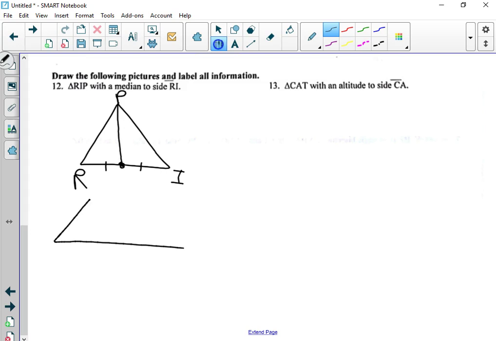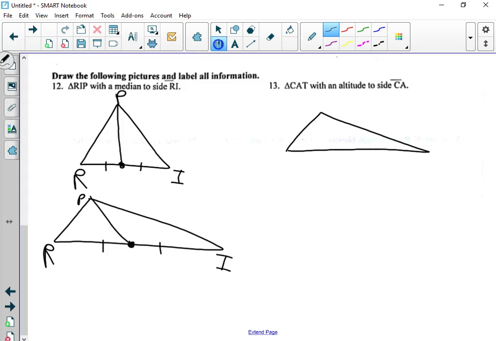Again, I could do something like this if I wanted to. Find the middle, mark it, and then connect. Preferably with a straighter line. But those are both examples of the median.